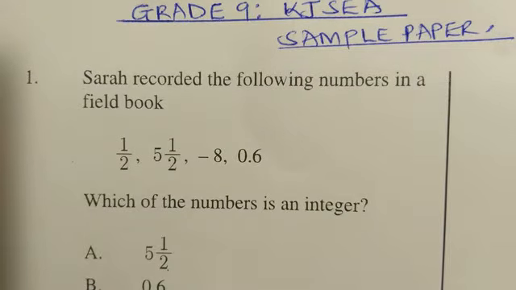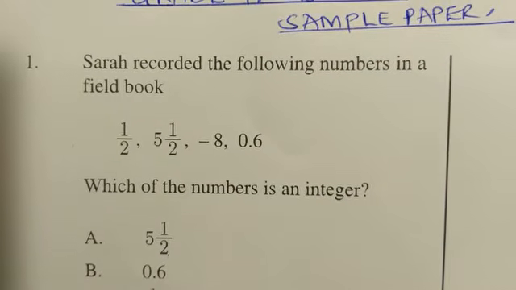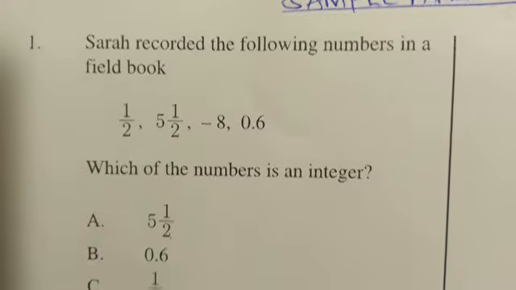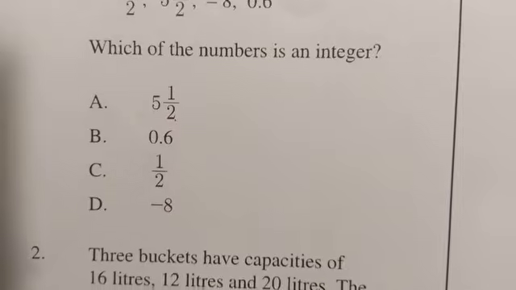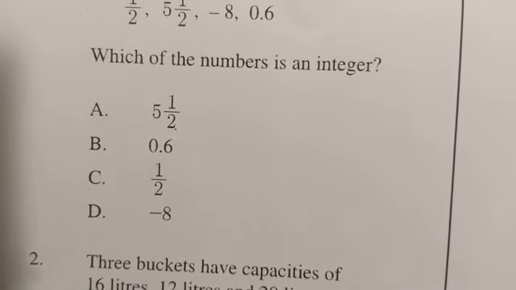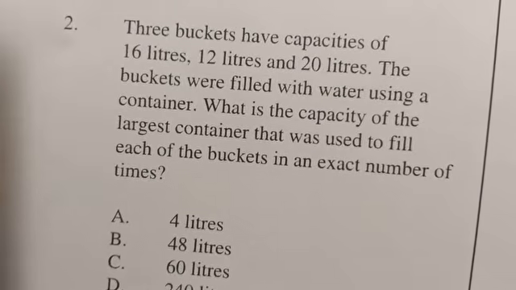And as you can see, the format of the KJSEA is such that we have section A, whereby it's multiple choice questions. You have a question you're supposed to do, and then you'll have to answer.